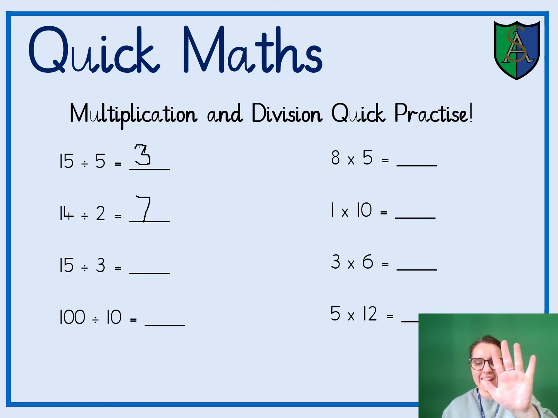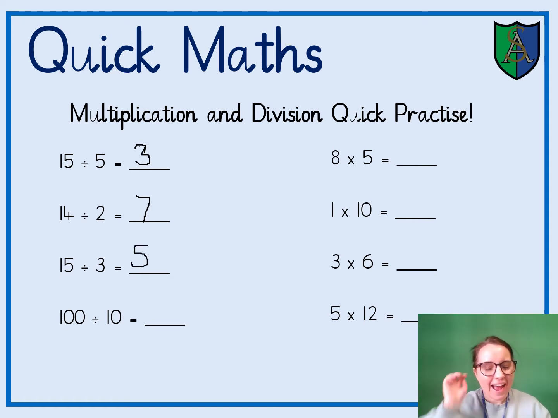The answer is 5. Okay, well done if you managed to get that one. And 100 divided by 10. Ooh, well, if we were to count in our 10's until we got to 100, we would know that the answer is... Well done if you managed to get that one correct as well there.